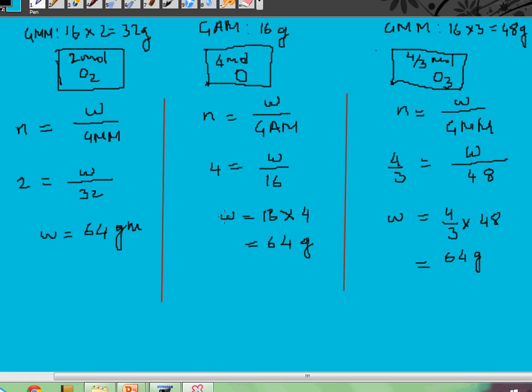Okay, so you see the answer for each part is 64 grams. 64, 64 and 64. So 2 moles of oxygen molecules is equal to 4 moles of oxygen atoms is equal to 4 by 3 mole of ozone molecules in terms of mass.